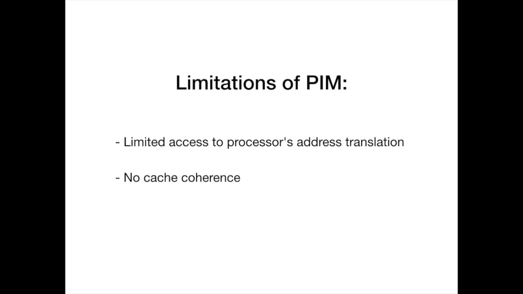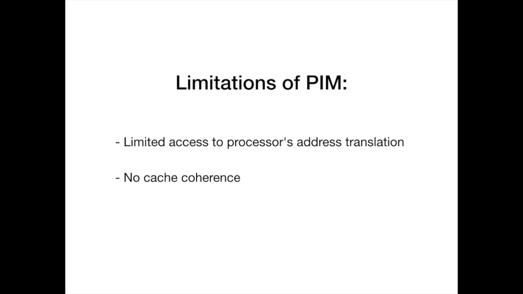The two techniques presented in this paper, in-mem-proc and lazy PIM, attempt to address some of the limitations that exist with PIM. One of those limitations is the fact that the DRAM doesn't have good access to some features of the CPU that are essential, such as virtual memory, the translation look-aside buffer, or the page table walker.